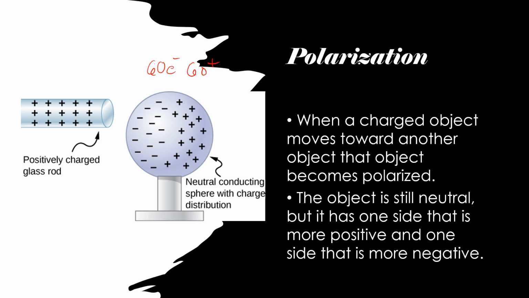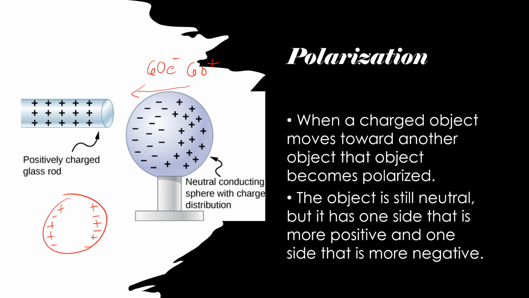But some of those electrons have been attracted over to the positively charged rod. The positive charges have not been repelled to the other side. Remember, the positive charges haven't moved anywhere. So when I think about this initially, this ball here would have looked something like this, where both sides were perfectly balanced.